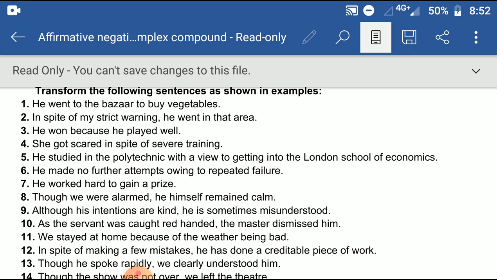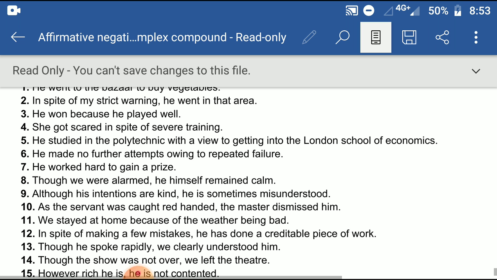So for in spite of, we can use though, although, even though, even if, however as subordinate conjunctions, and we can use but, yet, still as coordinate conjunctions. So these many sentences you will have to write. So, in spite of my strict warning.